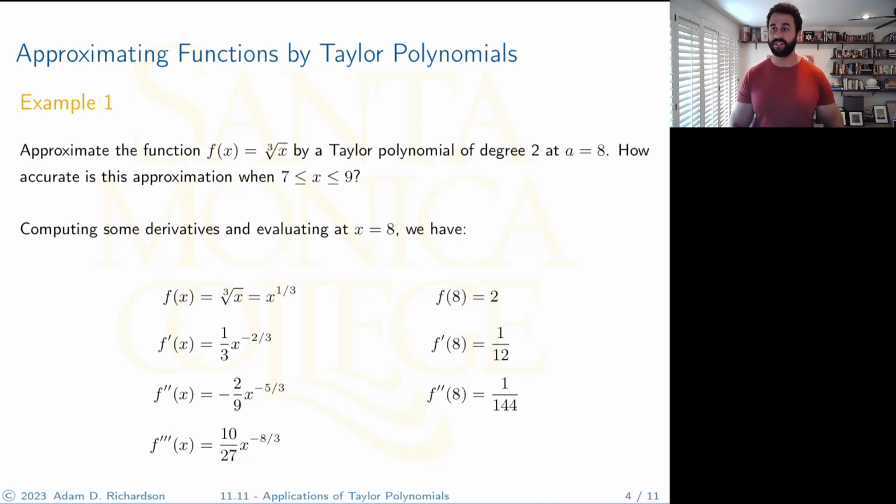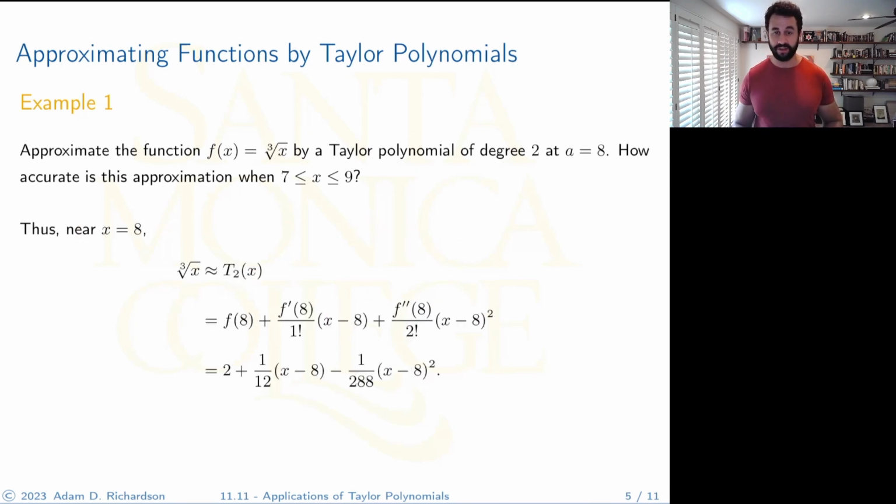But since we're just doing a degree 2 approximation, we would only need the first two derivatives. So the technique is identical to what we saw in the last section. You just compute the derivatives, and then you evaluate those functions at the center. And those will be part of the coefficients of your Taylor expansion, your Taylor series representation.